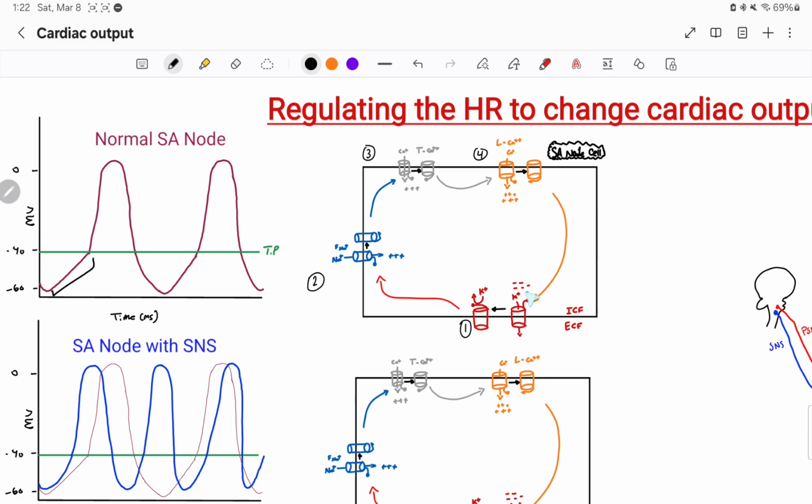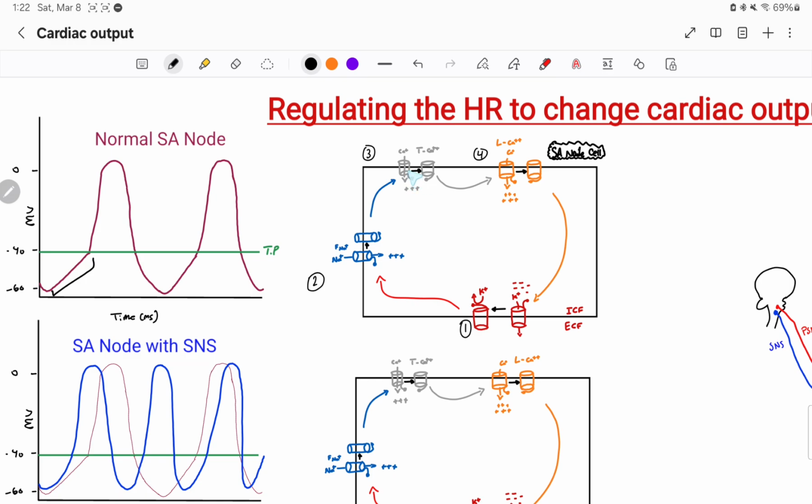Number 1, the permeability of potassium decreased in the cell, and that opens up the funny type or F-type sodium channels to bring in sodium. Afterwards, these channels will close, but the positive charges that they brought in depolarize the cell to a voltage that will open up the T-type calcium channels.